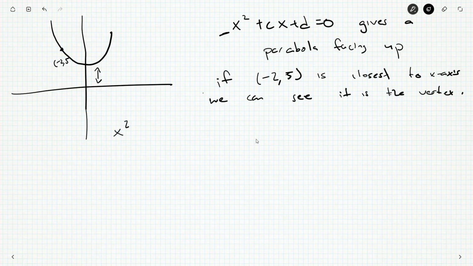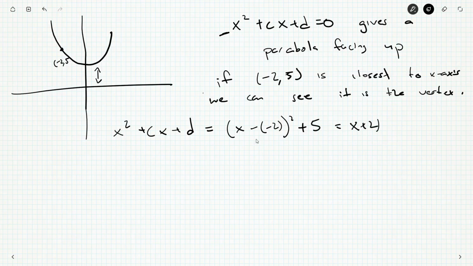So in vertex form, we have the same constant, 1 here, but now it's going to be (x minus negative 2) squared plus our y value here, plus 5. And so that's going to be (x plus 2) squared plus 5.